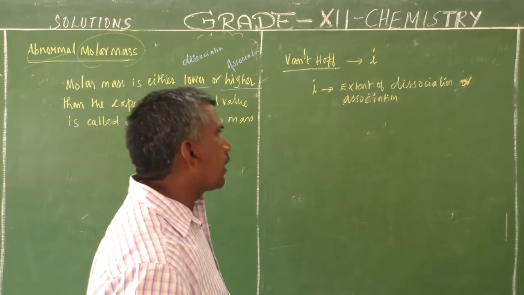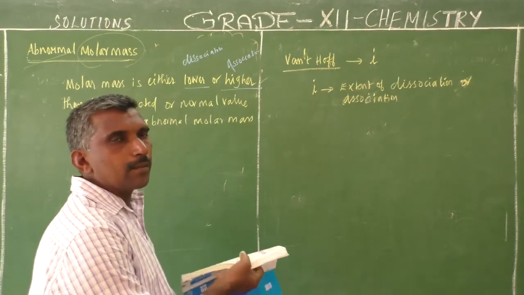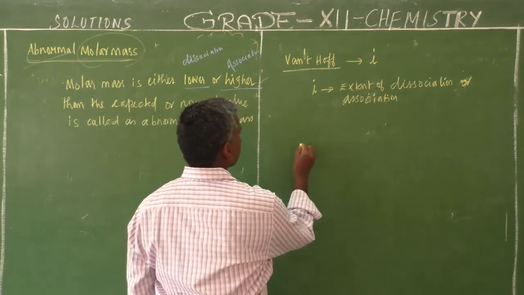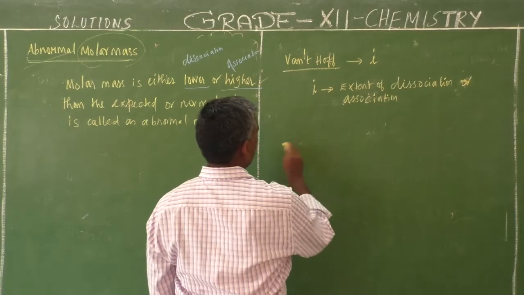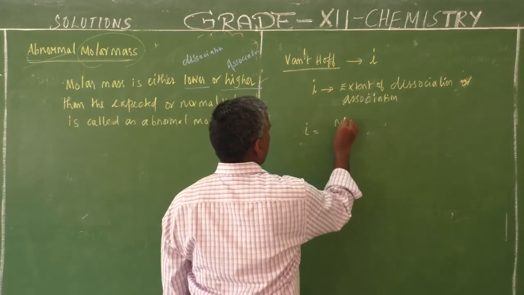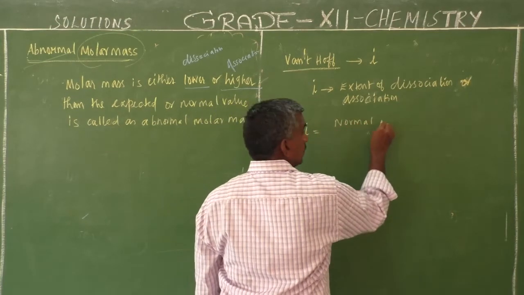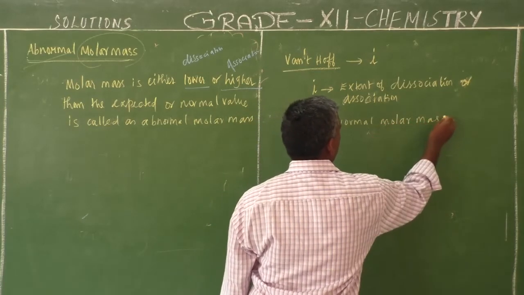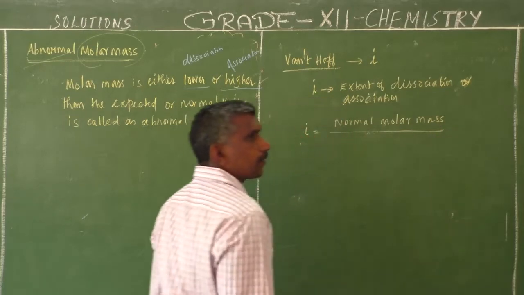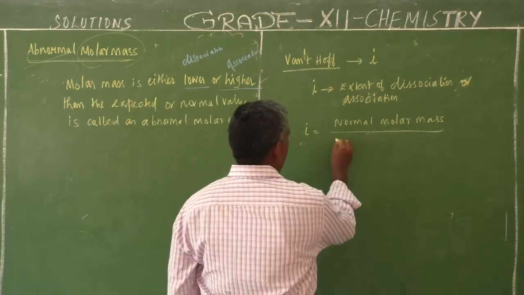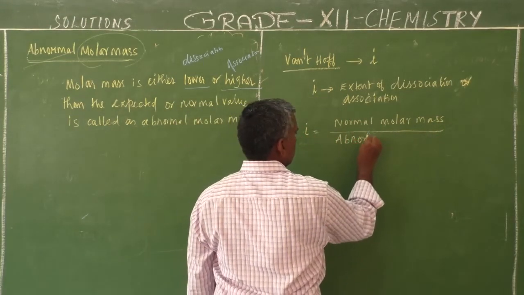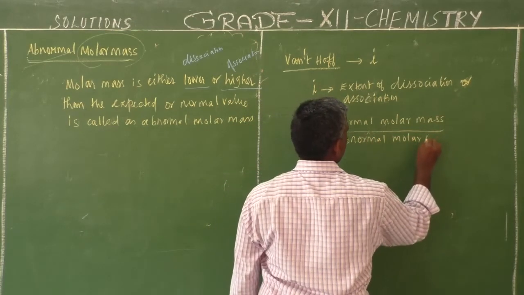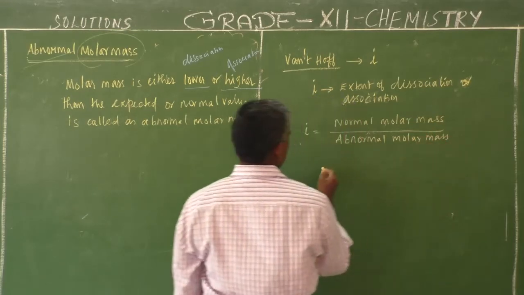So how do you find the i? There are three formulas for i. First, i equals normal molar mass divided by abnormal molar mass. Normal molar mass is the true value, calculated from the formula. Abnormal molar mass is calculated experimentally.